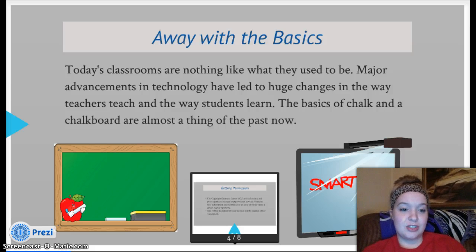It's really led to different ways of teaching and different ways of learning, but it brings about a lot of different intricacies in how we're supposed to go about safely educating our students.